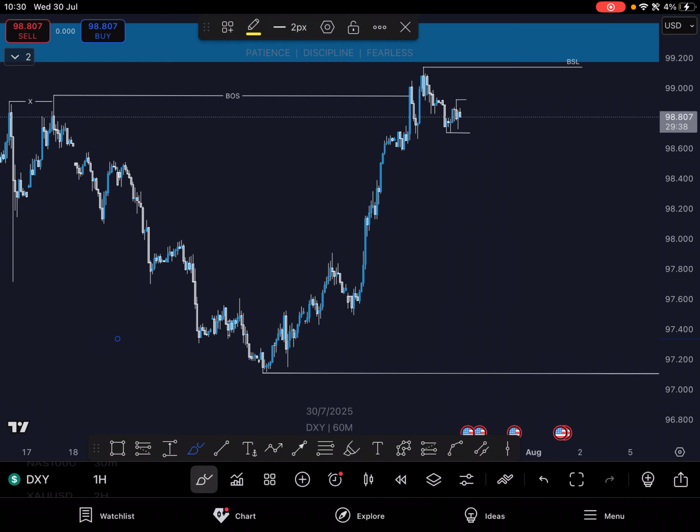Now let's look for our order block. As you can tell, here we have a retracement, an aggressive move, then a small retracement followed by our fair value gaps. So now you can tell here we have a strong order block because it's followed by a fair value gap.